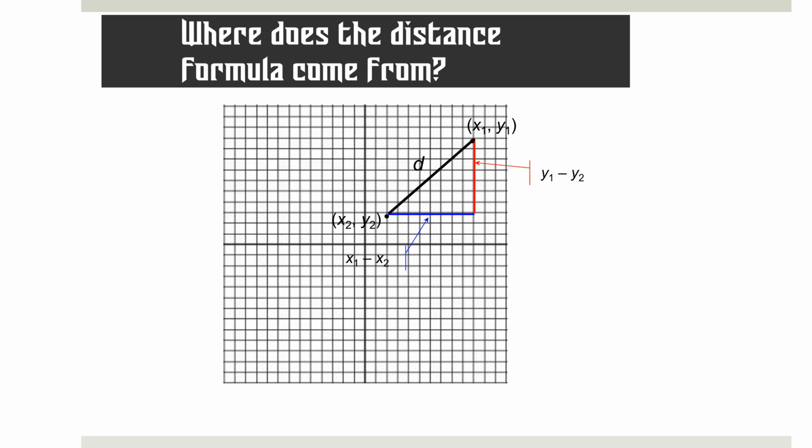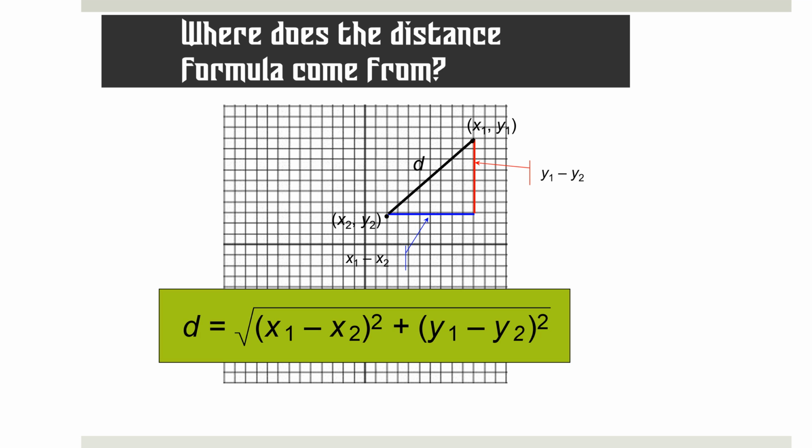I'm going to give this to you anyways, because I hesitate to, but you'd find it anyways. That is the distance formula. Where does that come from? It comes from doing Pythagorean Theorem. Take the blue segment and square it. Add it to the red segment squared. But where did the square root come from?